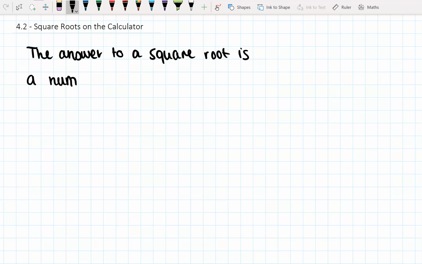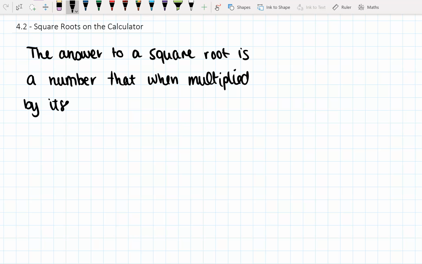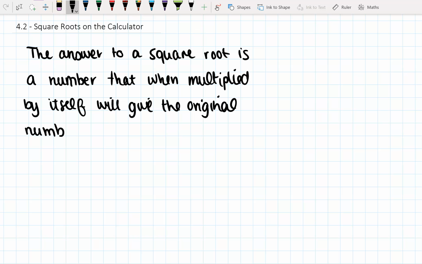So a number that when multiplied by itself will give the original number.